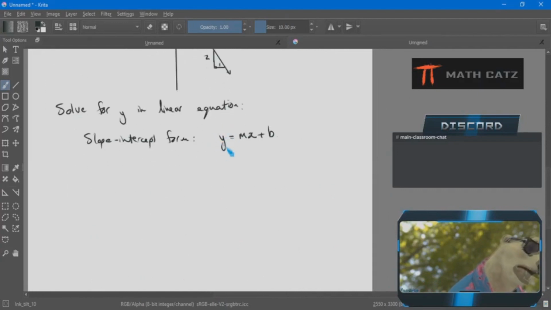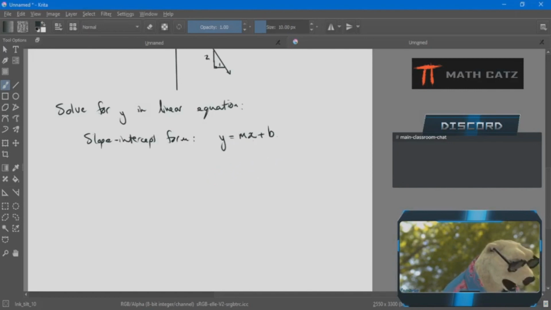But when I solve for y, I now have it in more of a function form, where the input x results in a corresponding y value. The slope gives me a proportional change of one to the other, and the b gives me the y-intercept, or when x is equal to 0.